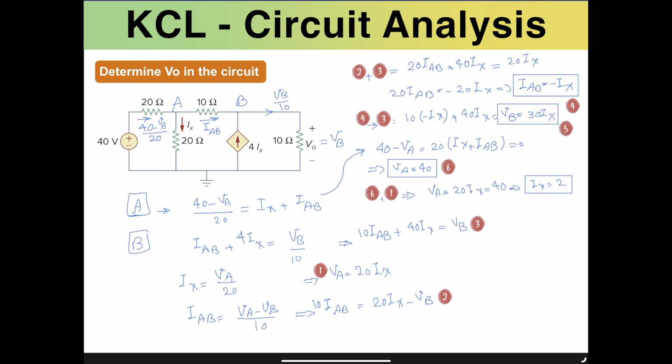However, the main question is asking for the amount of VO, which is essentially VB. VB can be calculated with respect to equation number 5. Now that we have Ix, we can calculate any other voltage or current in the branches. So VB is 30 times Ix. In a sense, VO equals VB, and that equals 30 Ix, which means 30 times 2, which is 60.